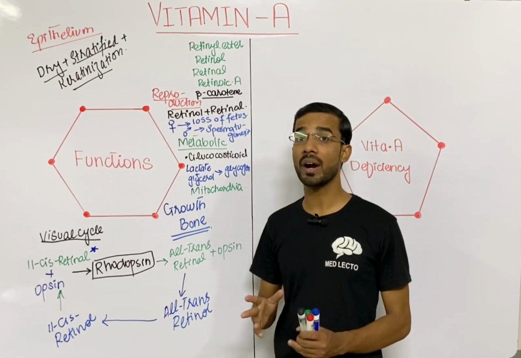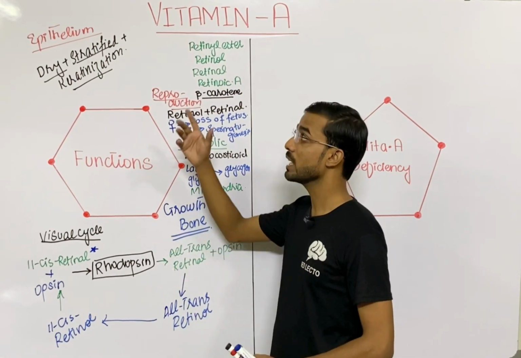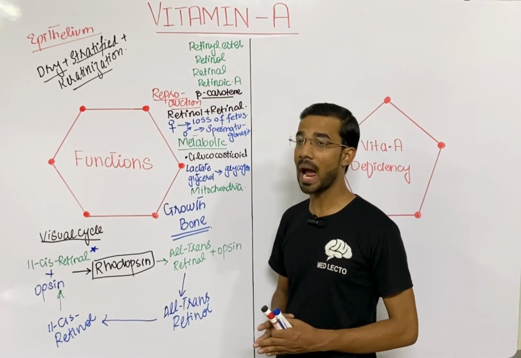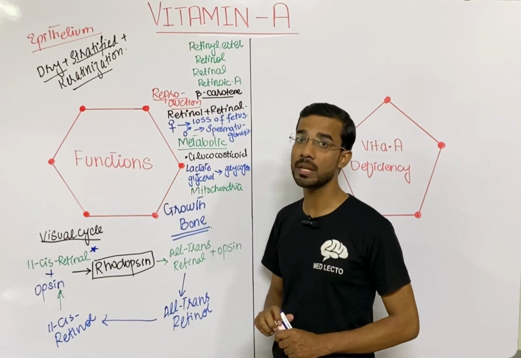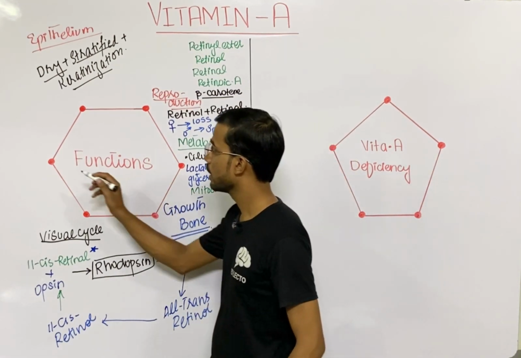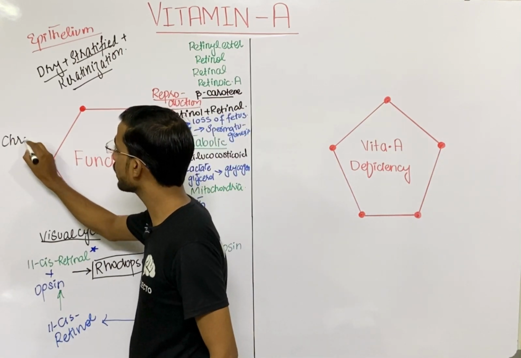So it means that vitamin A is very important in the proper maintenance and differentiation of the epithelium and the proper secretion of mucus from the epithelium. And last is the prevention of chronic diseases.